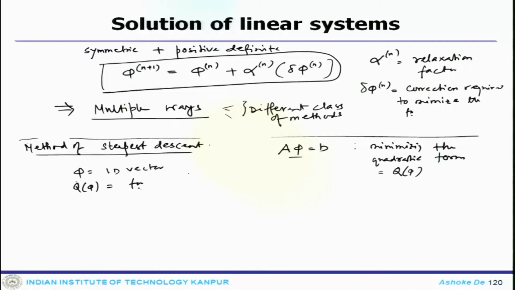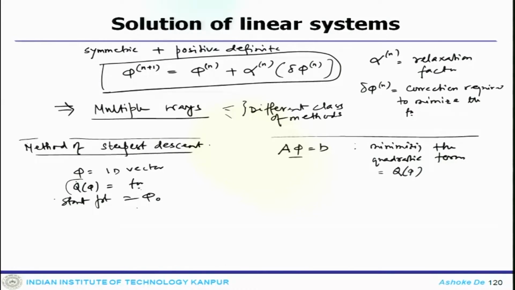To find the minimum iteratively, your starting point is phi 0, and you go on doing this until you hit the minimum. The same thing can be extended to multiple dimensions, where Q phi can be depicted as a paraboloid, and the solution would again be obtained from the initial solution.